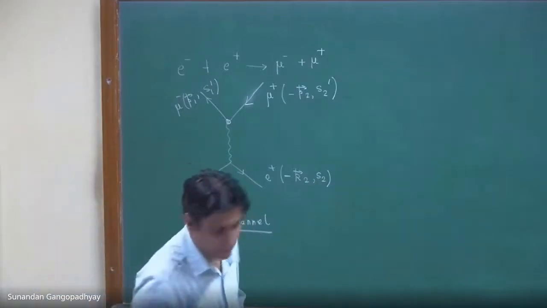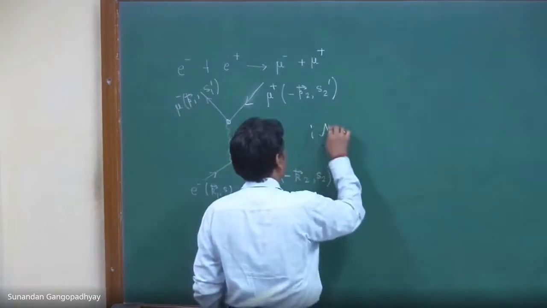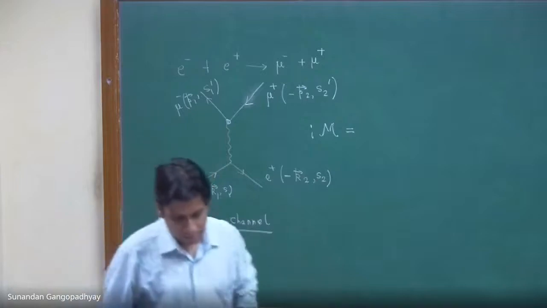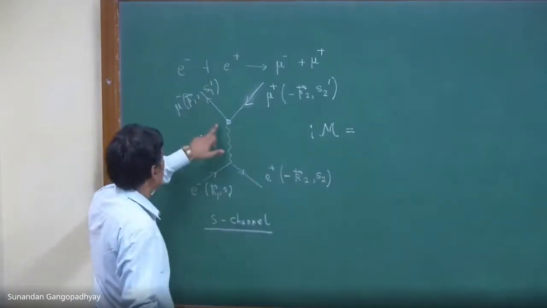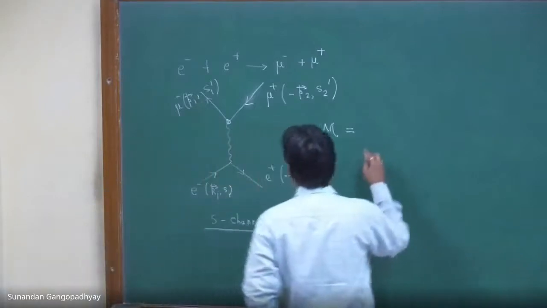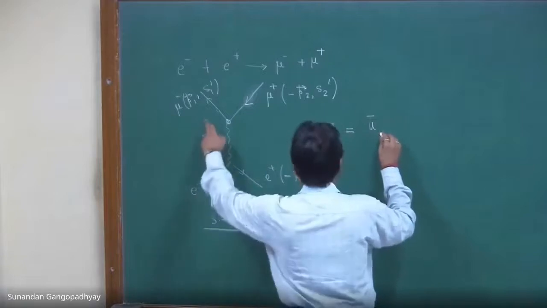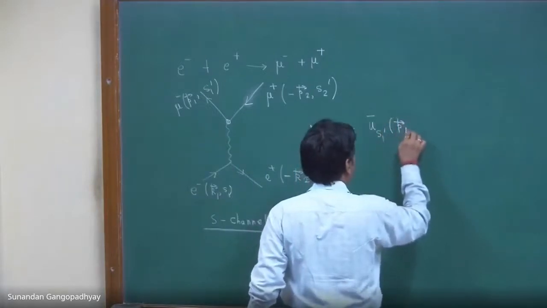And let us now apply the Feynman rules to write down the scattering amplitude for this process. As I mentioned earlier, let us start from this particle. So you can see that to be u bar s1 of p1.